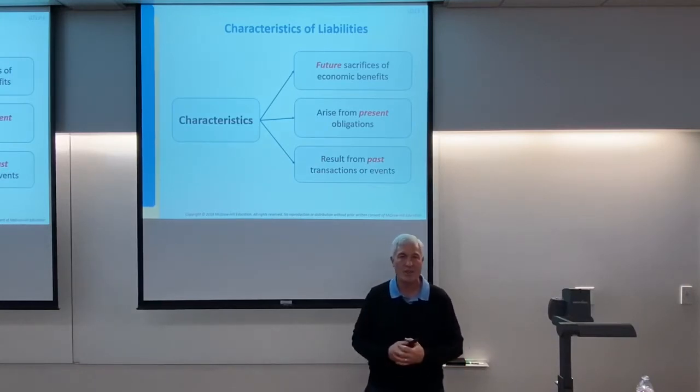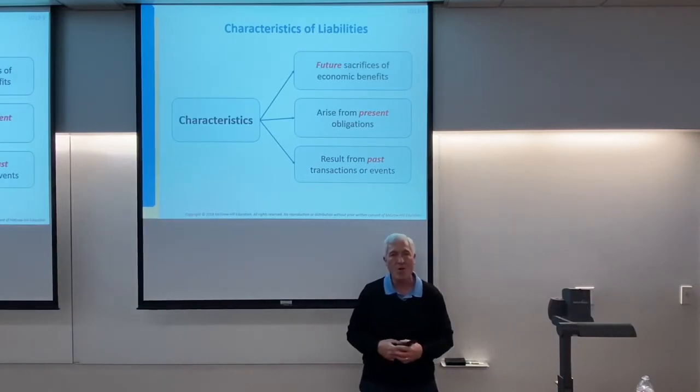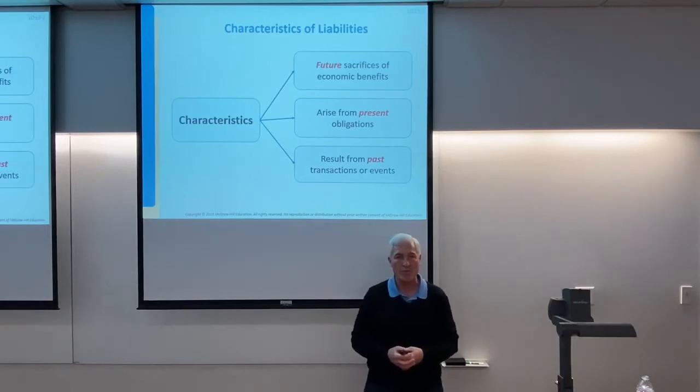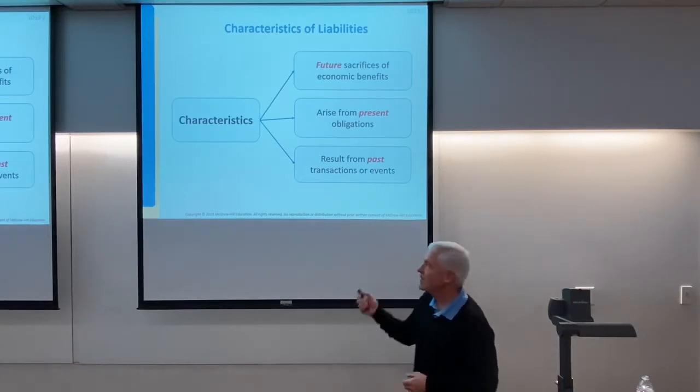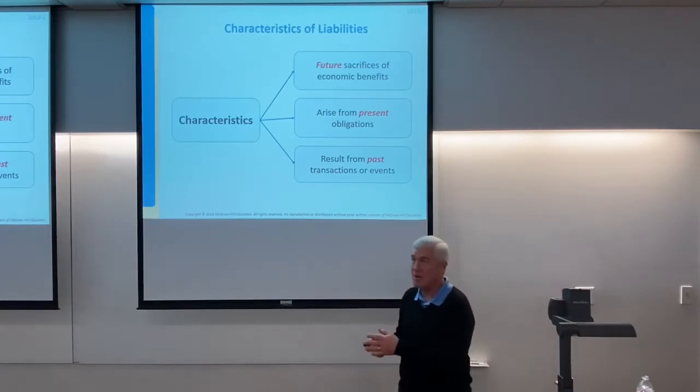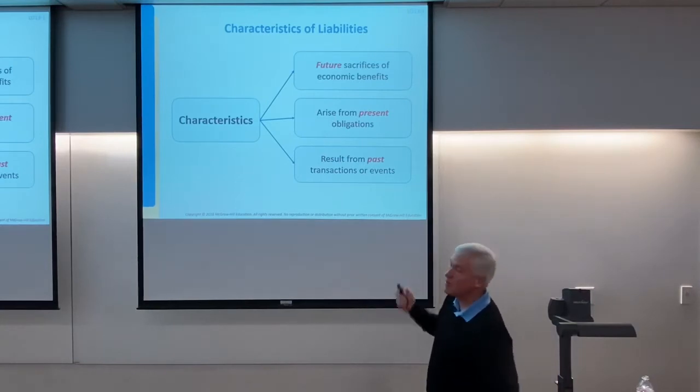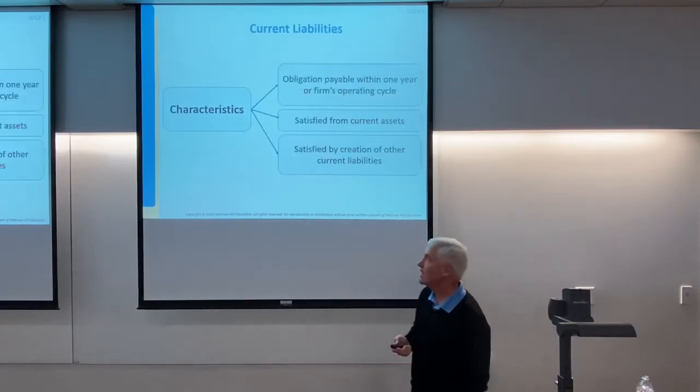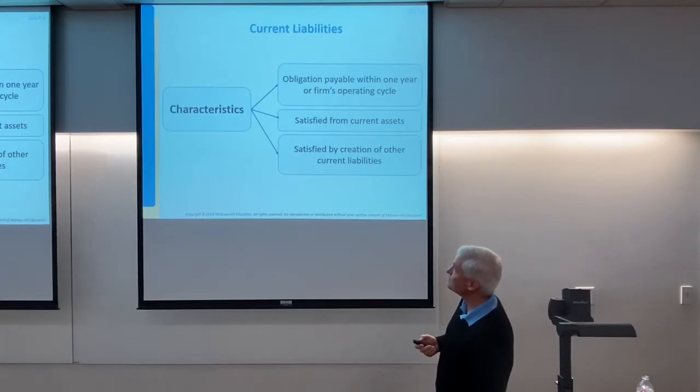We sent out a survey that they had to actually sign, and we would go through subsequent events to see if anything was material for disclosure to investors. But again, that would be something that happened after the balance sheet date. So this arises from a present obligation, meaning at the date of the balance sheet.